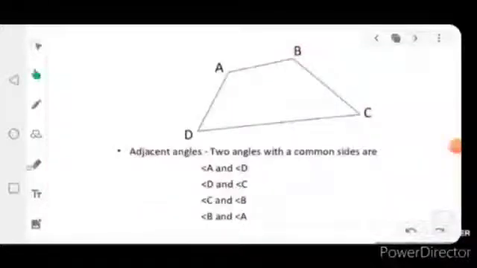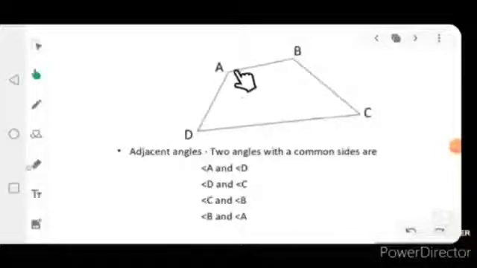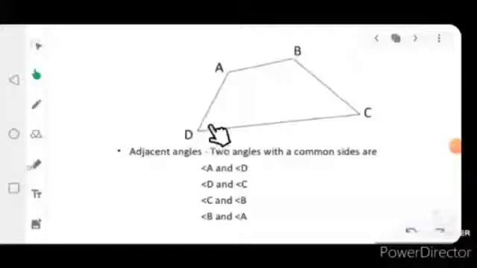Here quadrilateral ABCD is given to you, and adjacent angles means the two angles which have one common arm. For example, if we take angle A, the two arms of angle A are AD and AB. This arm is common in angle D also.